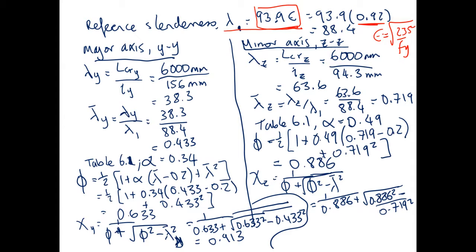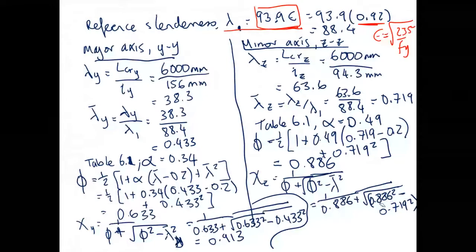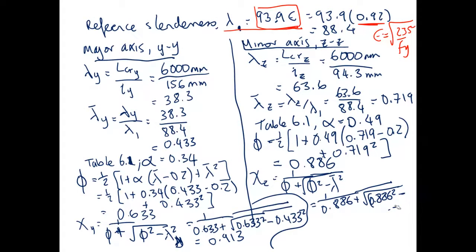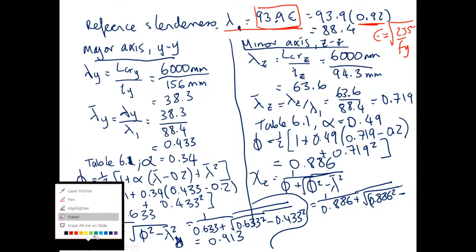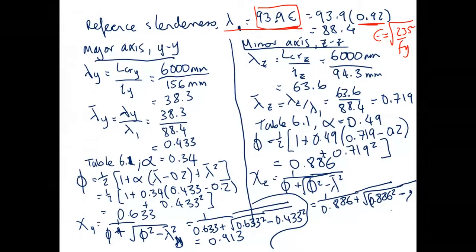So that's all under the square root. I've run out of space. So when I work that out, I get 0.713.